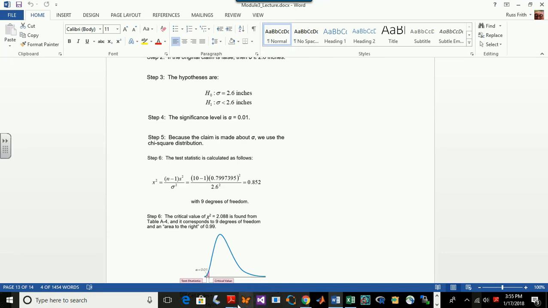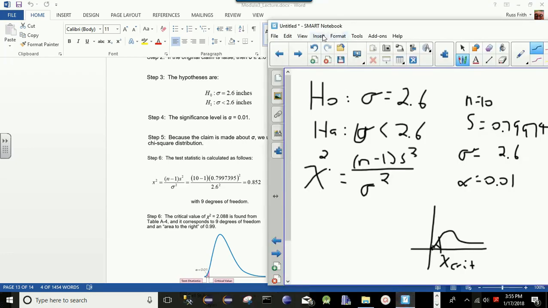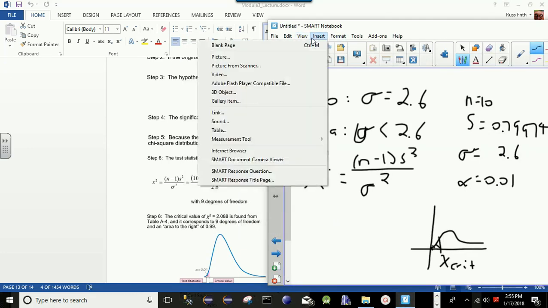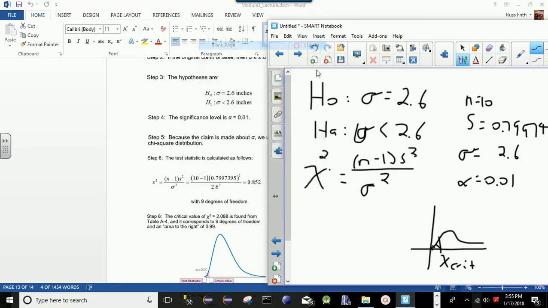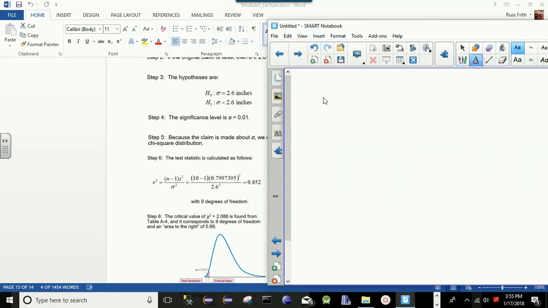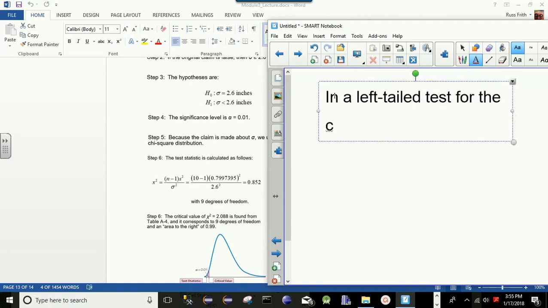Not mentioned in the book, I'll mention it here. Let me write this down. This is something you'll need to know. In a left-tailed test for the chi-squared test, use chi-squared L.